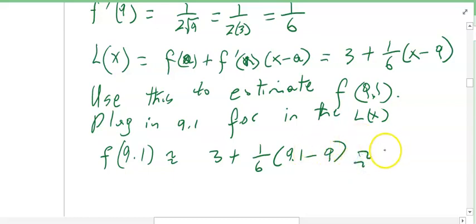That would be about 3.0167. So that is our approximation for f of 9.1. And based on what we saw on our graphs previously, because 9.1 is pretty close to 9, this would be a good approximation for f of 9.1.